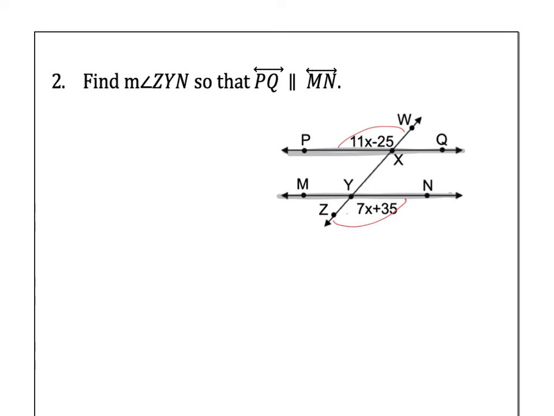This is number 3 of the postulates and theorems that we did at the beginning. So if we want the lines to be parallel, these have to be congruent. I would do something like 11x minus 25 would have to equal 7x plus 35. Then you quickly solve your equation. So go ahead and do that.